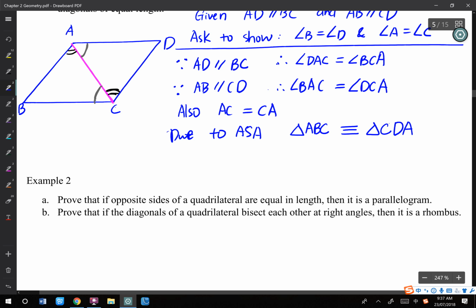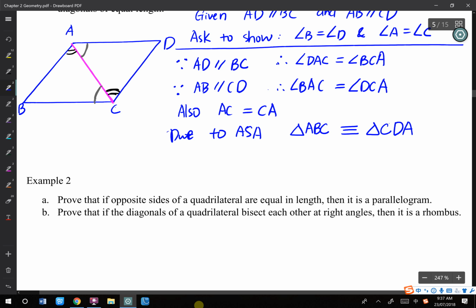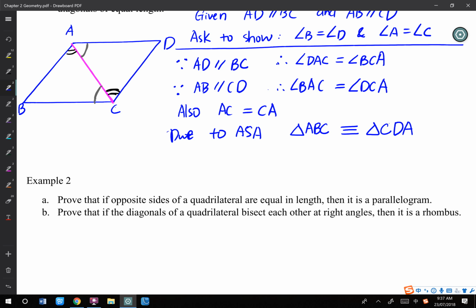As I said yesterday, you need to write those points in corresponding positions. A corresponds to C, B corresponds to D, and C corresponds to A. So ABC is congruent to triangle CDA. In the first one, I write the black angle first, then the empty angle, and then the green angle. So in the second one, I write the black angle, which is C, the empty angle is D, and then the green angle is A. So it is CDA. So they are congruent triangles.